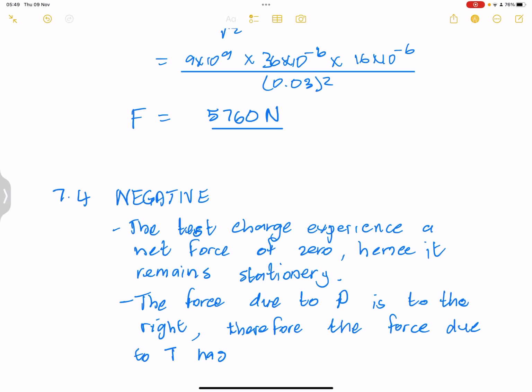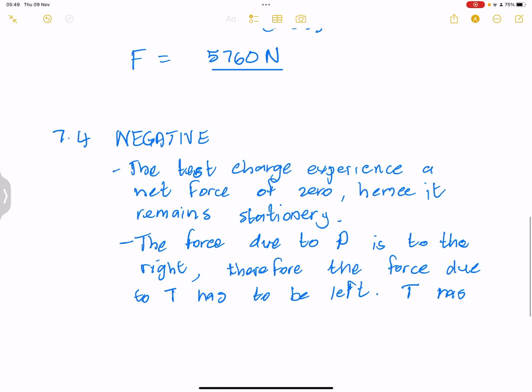I mean, has to be to the left. And therefore T has to be negative. All right, I hope that makes sense.